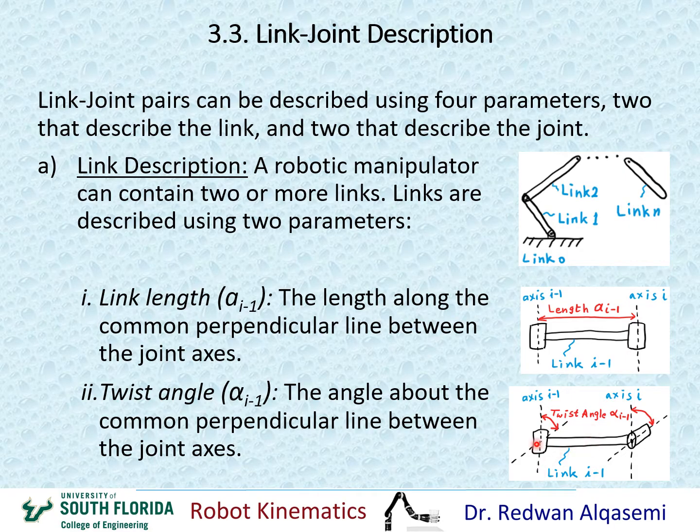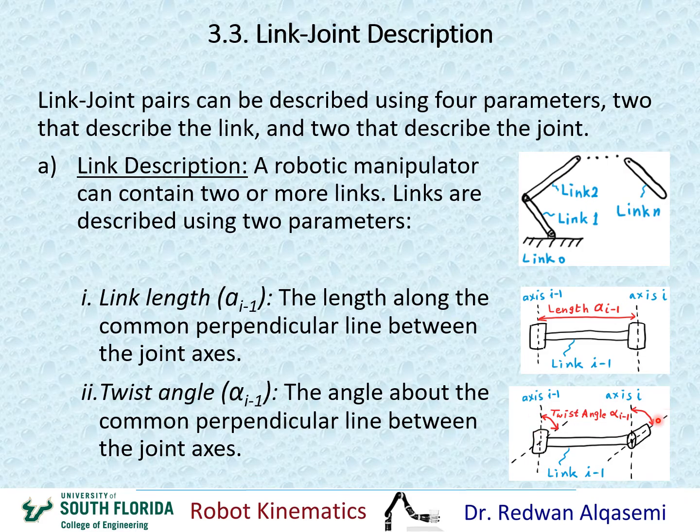If we look at the joint of axis i-1, it's going up and down, and the joint for axis i is going this way, which you can think of as going into the screen or out of the screen. There's a twist between this axis and this axis.